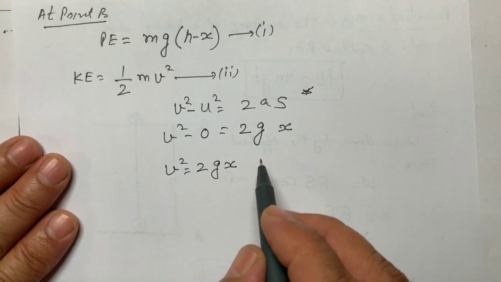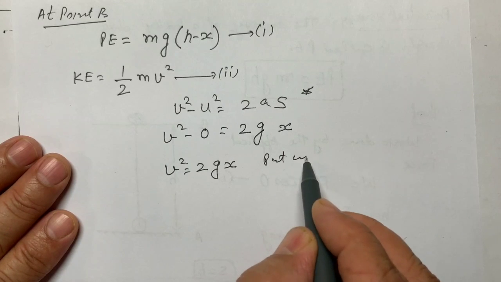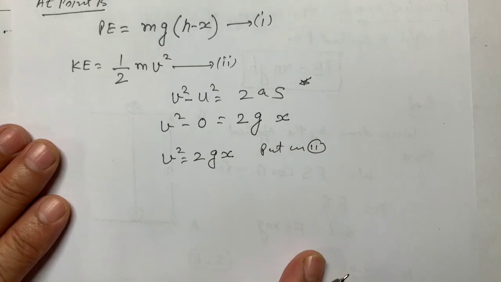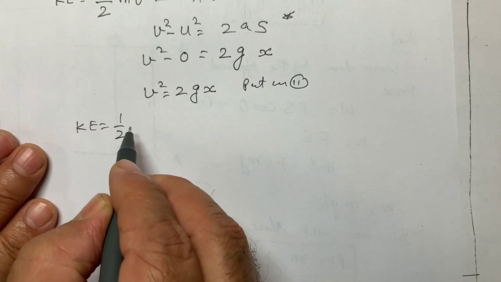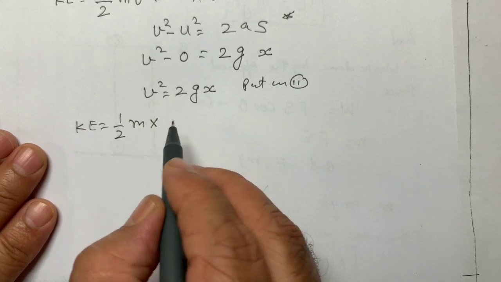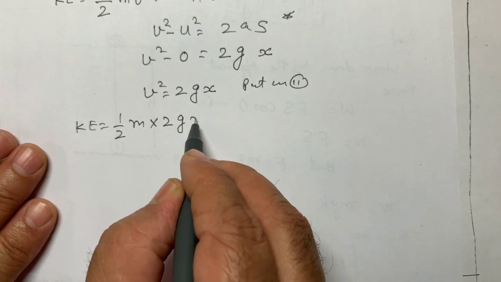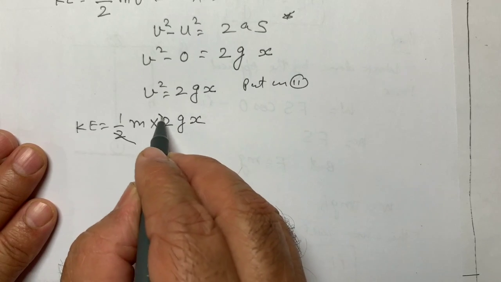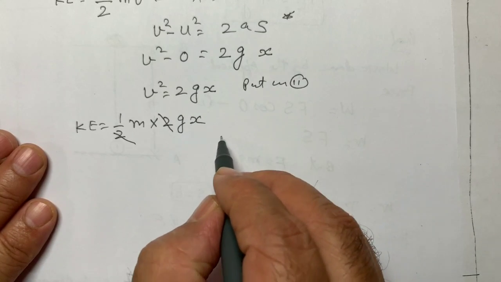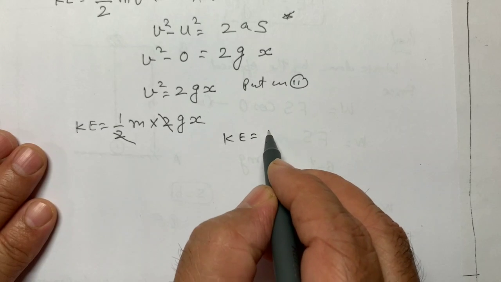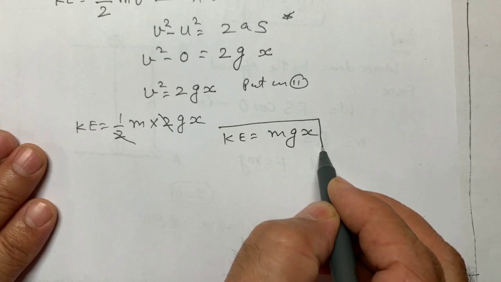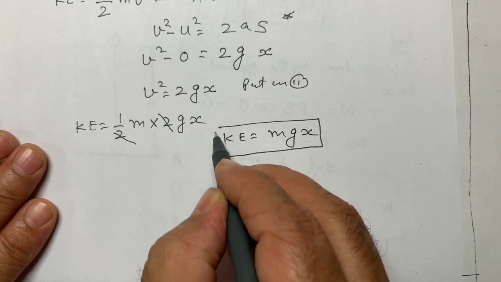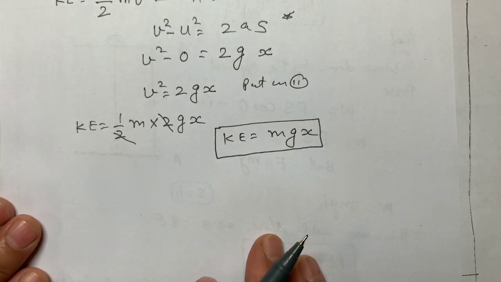Now put this value in the second. You get kinetic energy is equal to half m into 2 into g into x. 2 cancels with 2. So you get kinetic energy is equal to mg into x. It means potential energy decreases and kinetic energy comes into play.